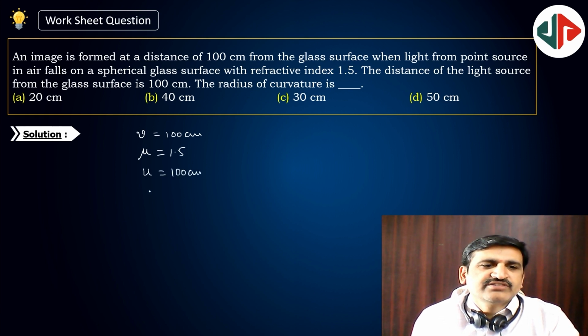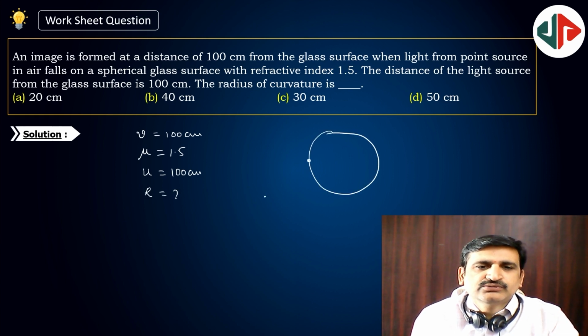The radius of curvature is equal to, maybe it is like this. So object is 100 centimeter distance, image is again 100 centimeter, and radius of curvature, everything is given.